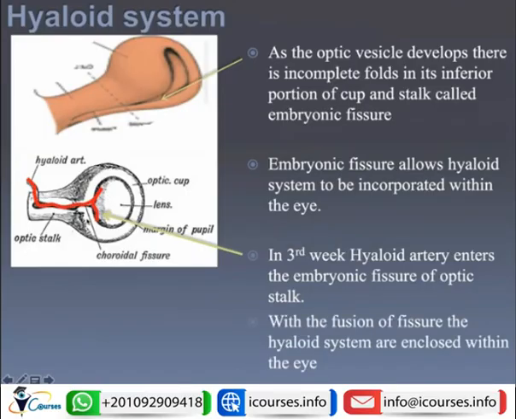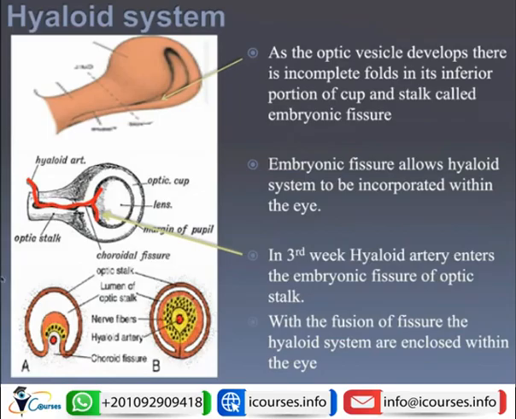Later on, this optic stalk or this embryonic fissure will close, leading to incorporation of the hyaloid arteries inside the optic stalk that will later on form the central retinal artery.